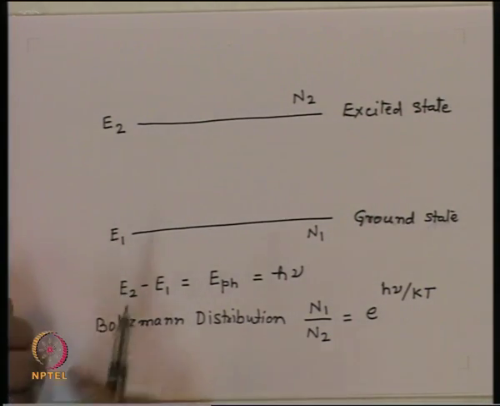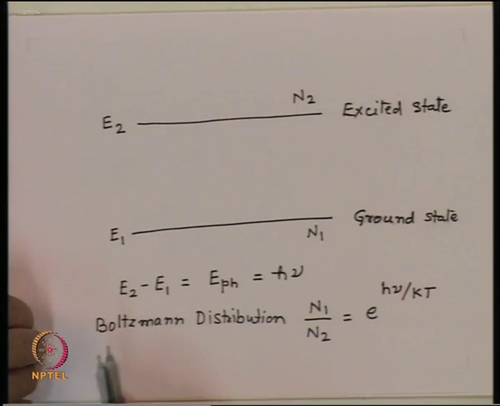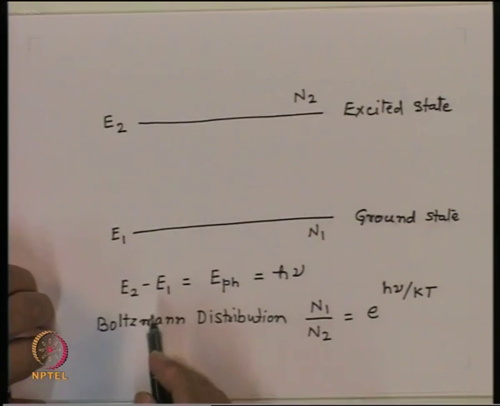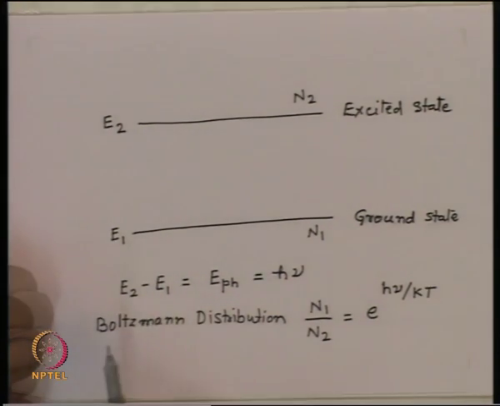However, if the electron is in the excited state, it has a tendency to relax to the ground state, and when that happens, the energy is shed away, and this energy will be emitted in the form of a photon of energy E_ph, which is E2 minus E1.